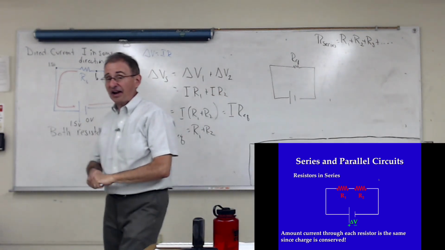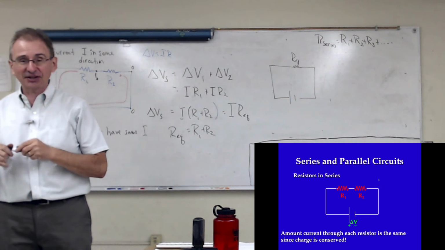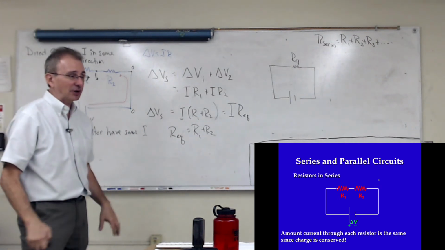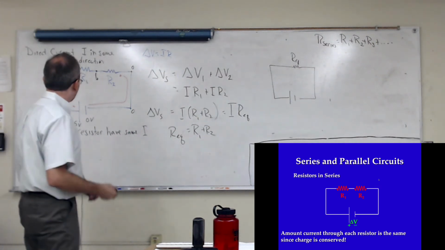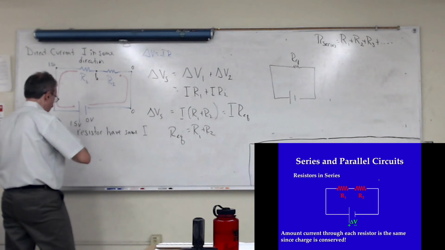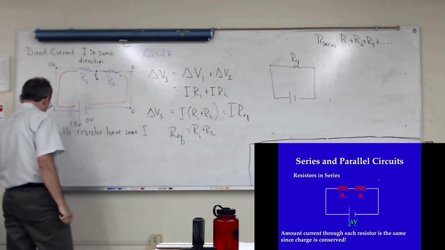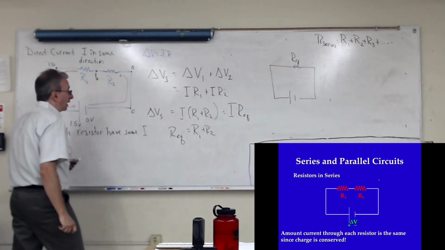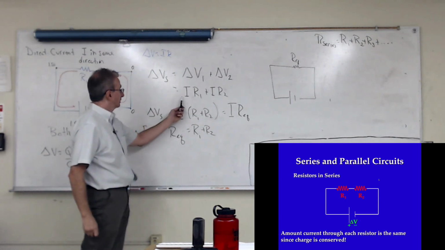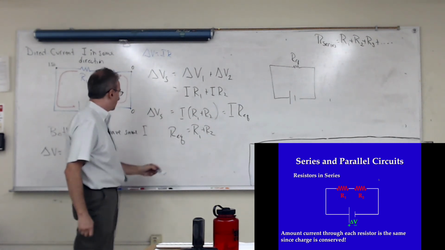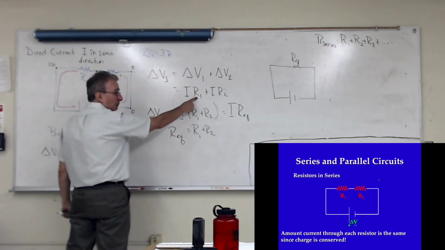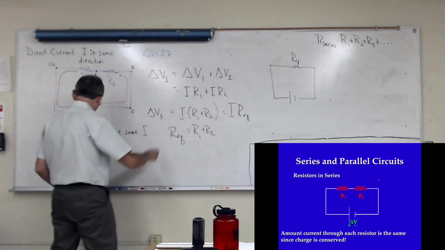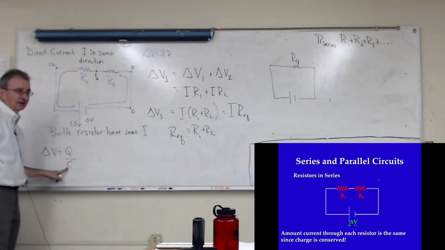Notice, compare to the capacitors in series. Why is the relationship different? Because for the capacitor, delta V is Q over C, but for a resistor, delta V is I times R. The geometric factor, the resistance here is in the numerator, here it's in the denominator.